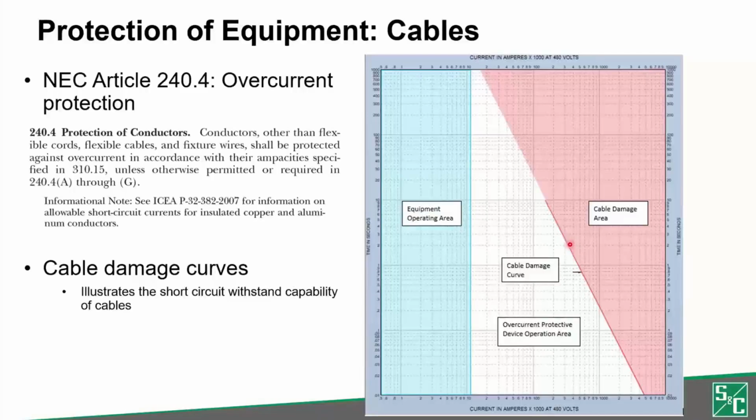Those curves change based on the size of the cable and whether the cable is copper or aluminum and what the insulation type is. So you have to know all those parameters of your cable to be able to get this proper damage curve and the ampacity. So the overcurrent protective device, again, needs to operate in this white region here to protect the cable from short circuits and from overloads.